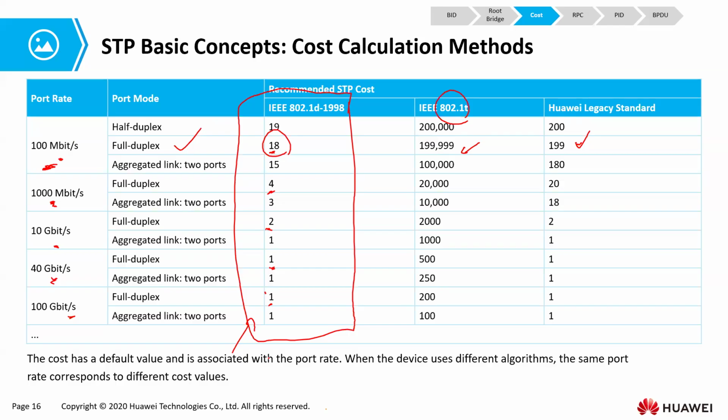You can manipulate the cost so that even a 100 megabit per second port can be made much more preferred than a 10 gigabit per second one. How do you do that? You manipulate the values. The cost, in a formula, equals the reference bandwidth over the port bandwidth.